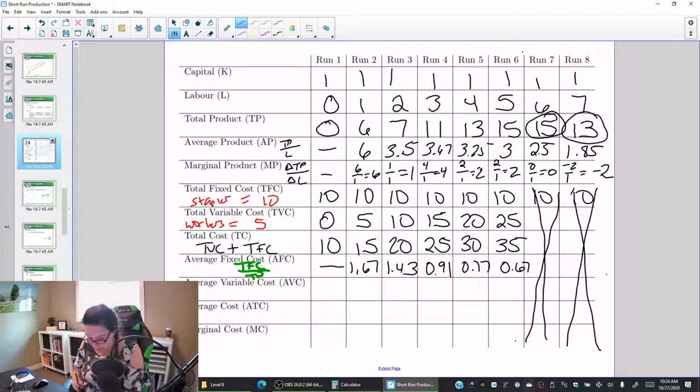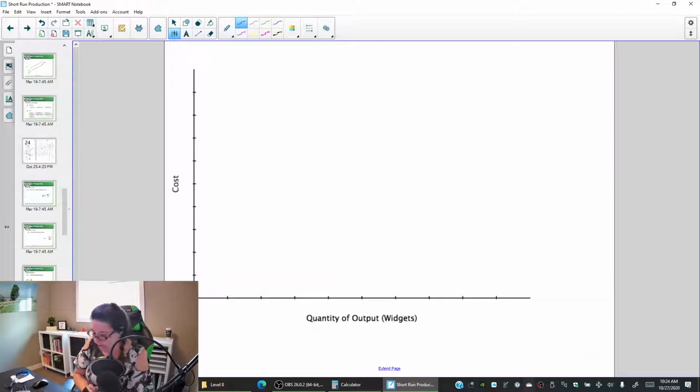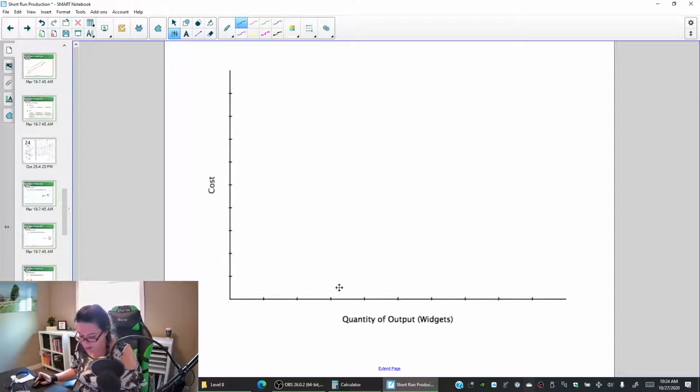What does that look like? Well, we're going to create a graph here, and this graph is going to have our average fixed cost, average variable cost, and marginal cost. All those average costs and the marginal cost on there. Let's just see in terms of a scale.